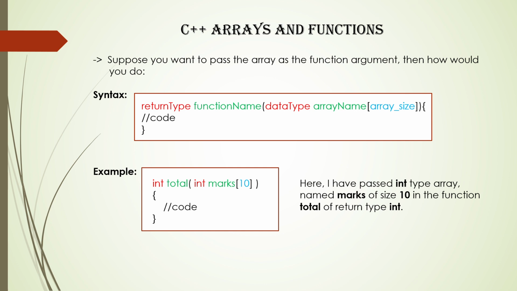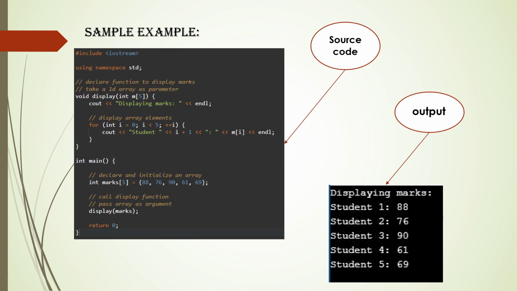Let's see one example to get it more clear. The function named display is made here, and the array named m of size 5 is passed as the argument. What the function is doing is simply displaying the elements stored in that array.